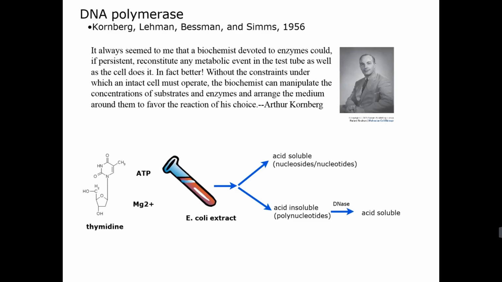The characterization of the enzyme responsible for DNA replication really began almost immediately. The purification of the first DNA polymerase, which was done by Arthur Kornberg, Bob Lehman, Maurice Bessman, and Ernie Simms, as you can see, was done in 1956.